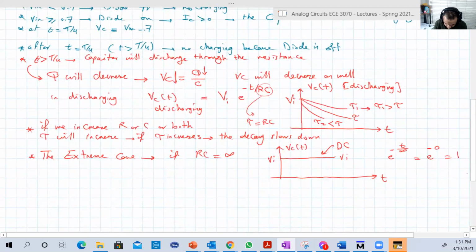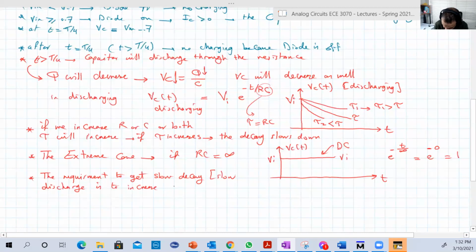So the requirement here to get slow decay or slow discharge is to increase the capacitance C. Why?